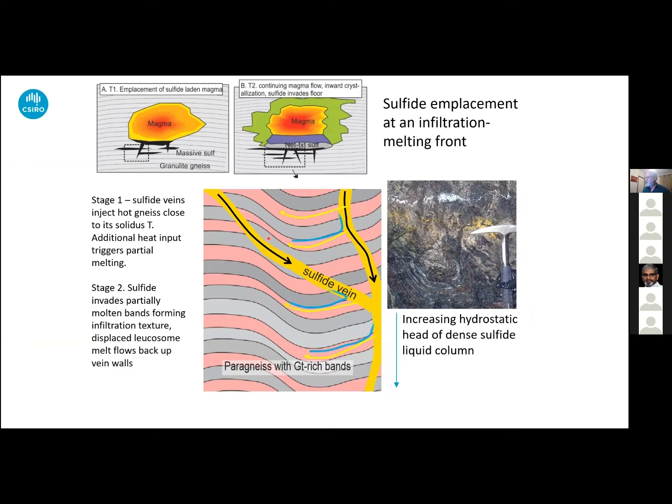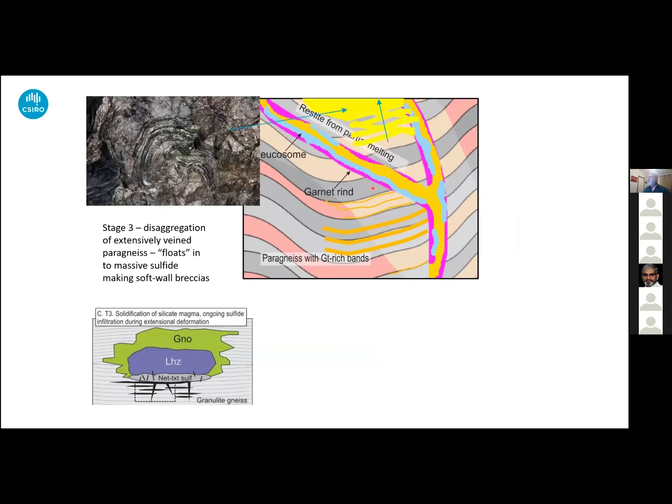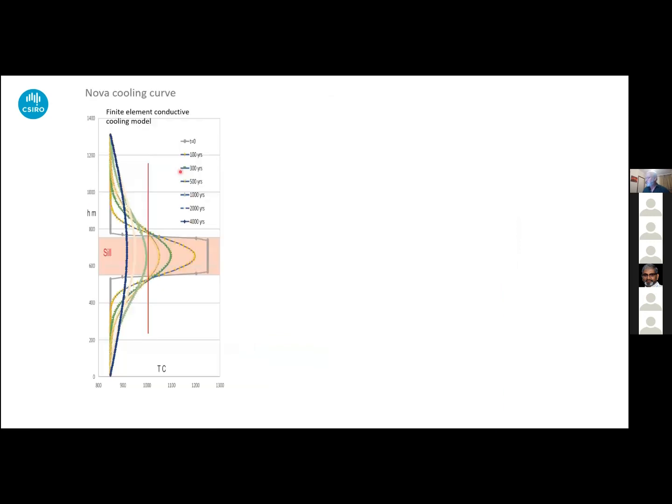The sulfide essentially replaces the molten silicate, and the molten silicate flows back up the walls to form these leucosomes. And in some cases, we get these almost pure garnet rinds developing up along the walls of the dikes, which are basically cumulates being left behind by the leucosomes being displaced by the sulfide. This is probably one of the best examples we can think of of sulfide actually creating its own space, melting its way into the country rock.